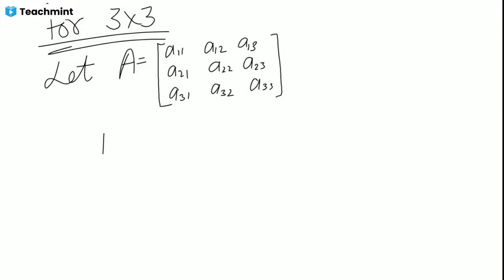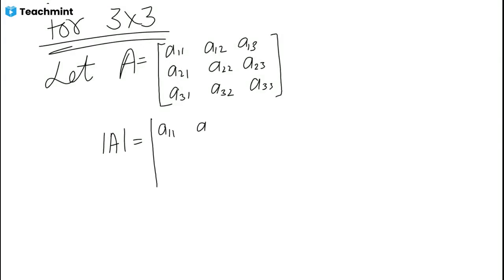So the determinant of a matrix is denoted by the symbol. First of all, we will write elements in this form.